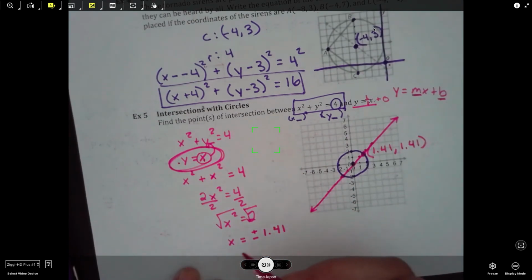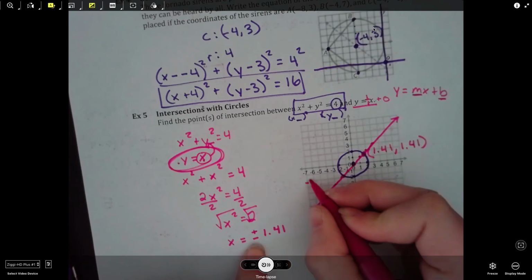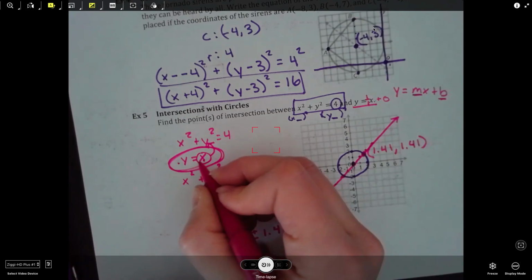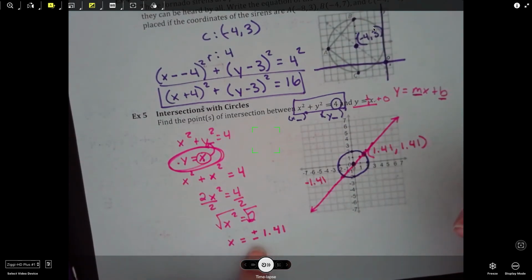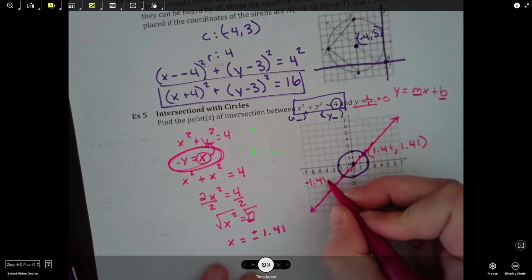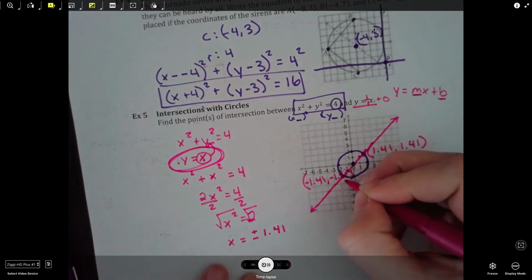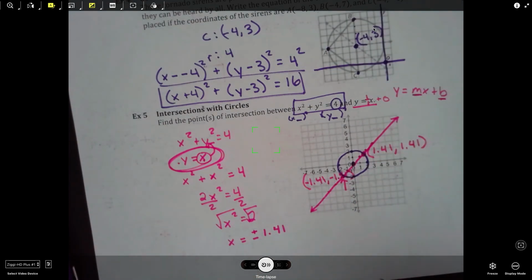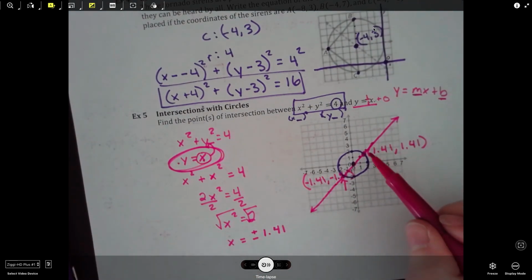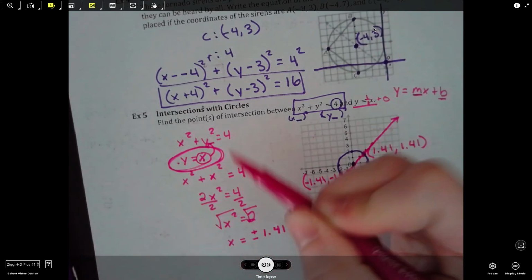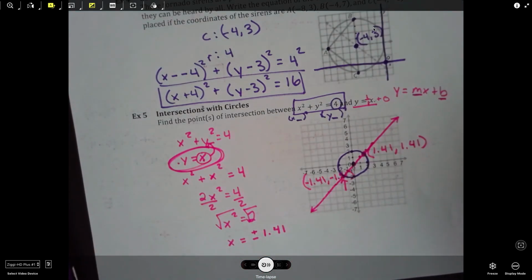Now, if my x-coordinate is negative 1.41, the y-coordinate is exactly the same. So negative 1.41 and negative 1.41. That is this point right here where they intersect. So algebraically, I just have 2 points. I use substitution to plug one equation inside of the other to get those points.